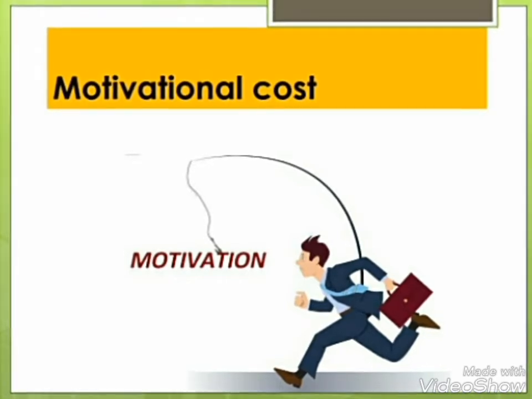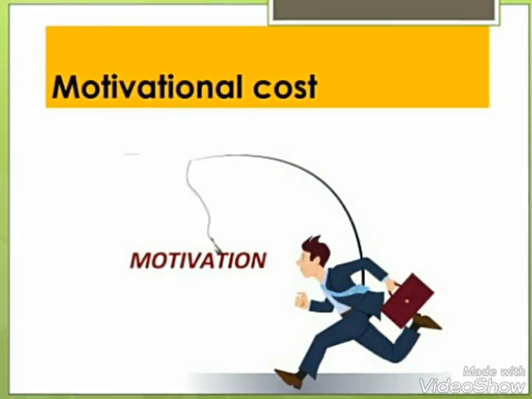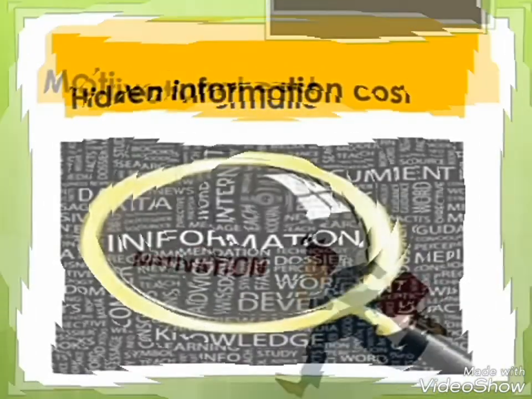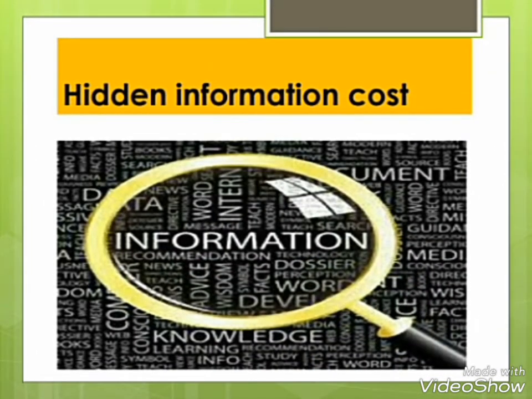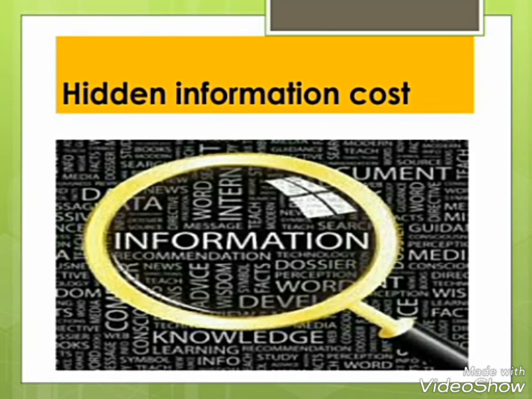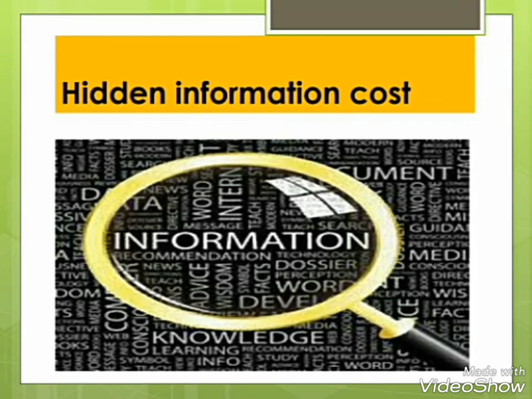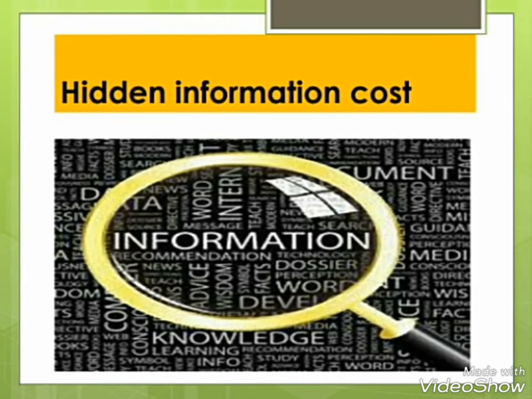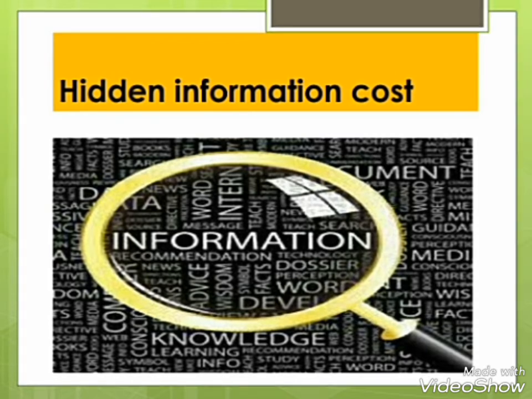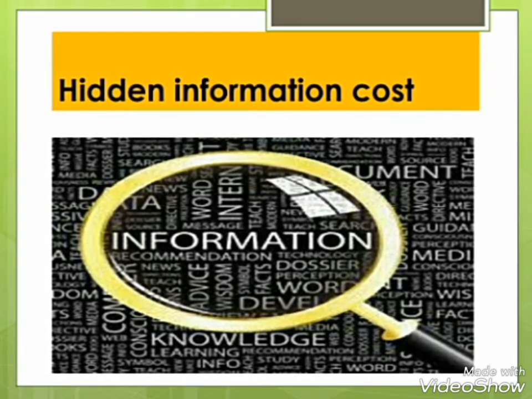Now, the first type of motivational cost is hidden information cost. Now, I am explaining hidden information cost with an example. For example, one businessman sells his company to another businessman without telling him the poor financial condition of the company.